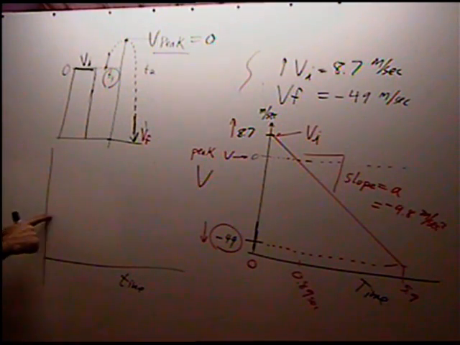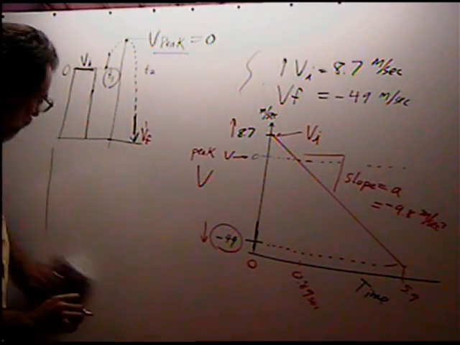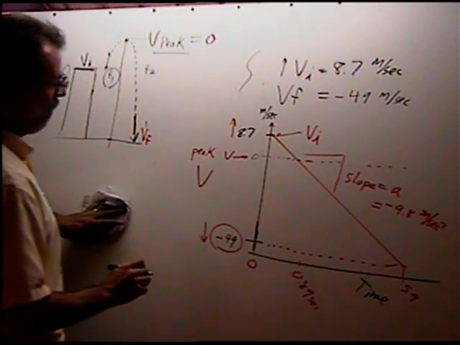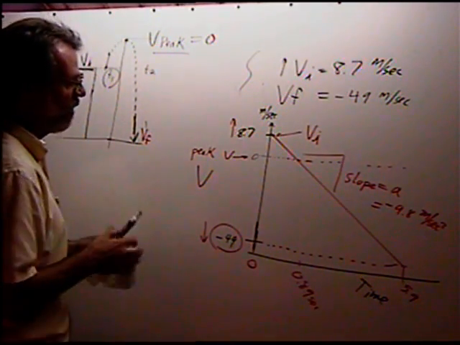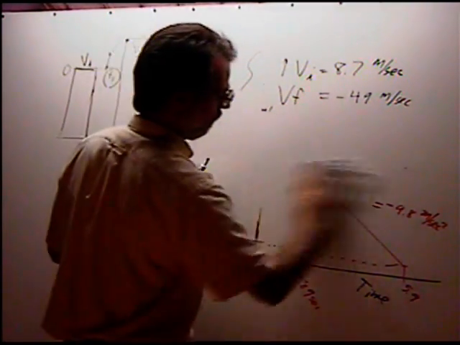Let's see. Can you see this? Yes. This is distance. In fact, I'm going to draw it over here, and to make it clear, I'm just going to erase this. Here we go.